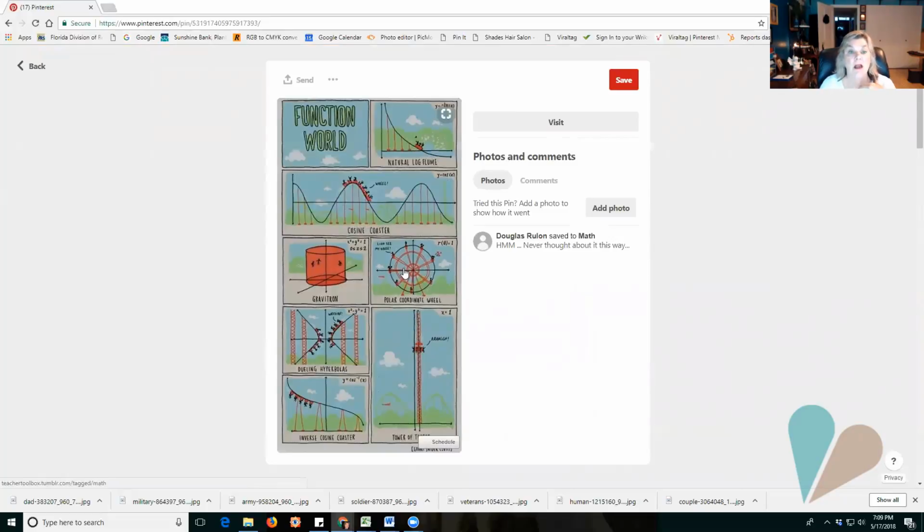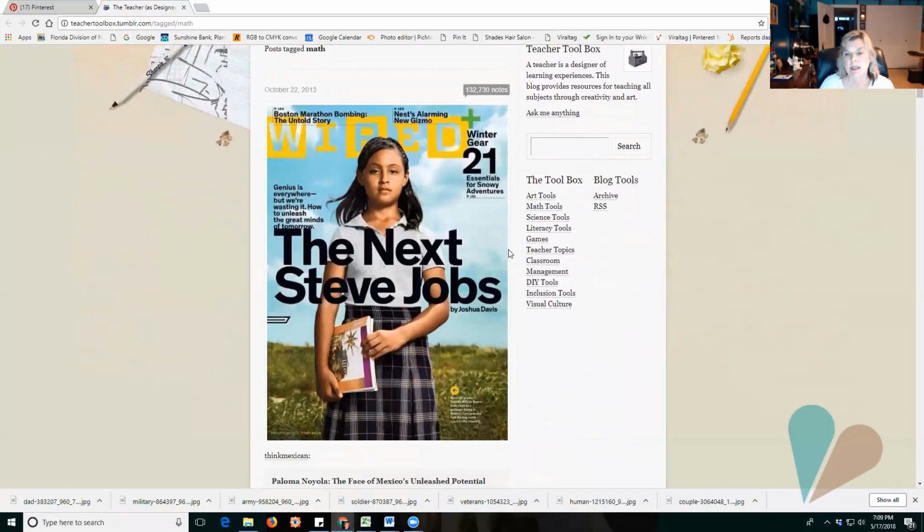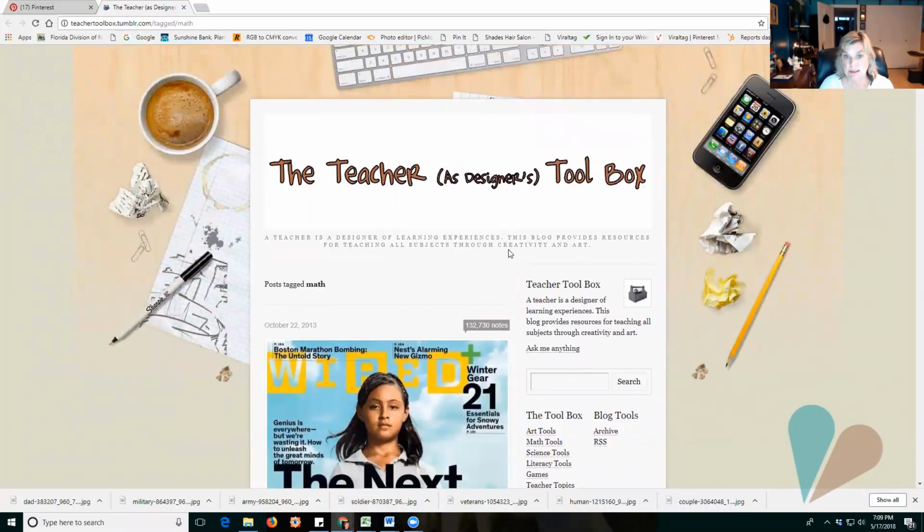What I think about in this scenario is that you could have the students go out and photograph real world examples of some of these things that you're covering in the class. Then when you click on visit, it takes you to where you can purchase this item called the Teacher Toolbox.